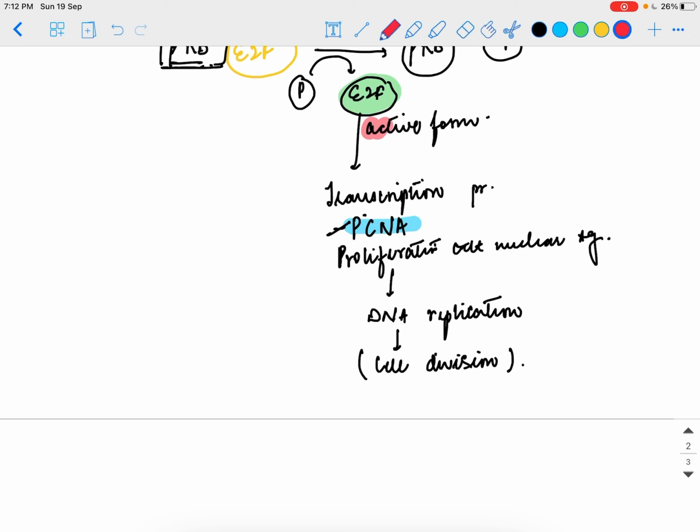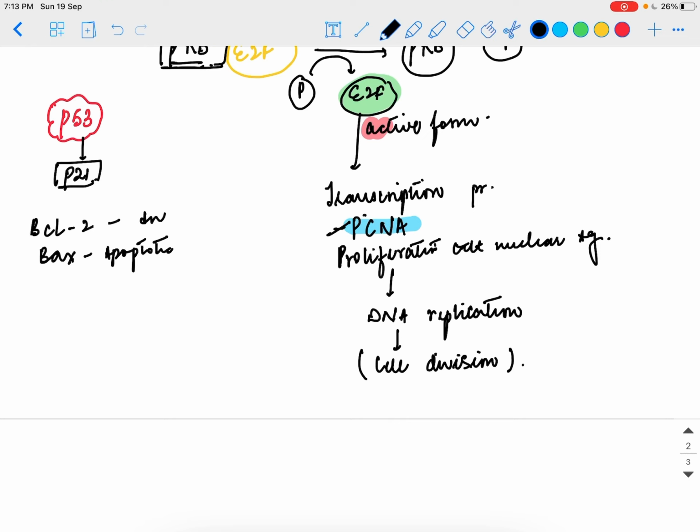Before coming to the next concept, we will again study some terminology or normal proteins like p53. It is a very important gene. It is a tumor suppressor gene which makes p21, and we have two other genes, BCL2 and BAX. BAX is responsible for apoptosis, and BCL2 is an anti-apoptotic gene.